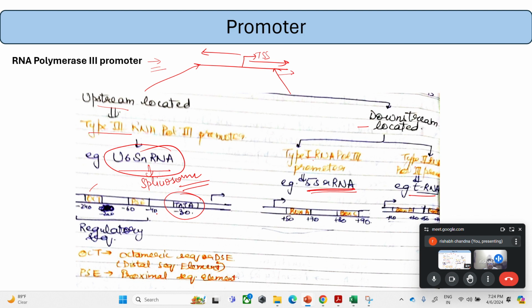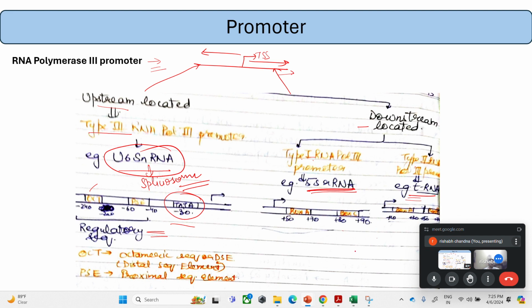These are upstream of the TATA box, and these are regulatory sequences, that is, binding sites for both activators and silencers. In type 1, we have box A and box C after the transcription start site, and we have box A and box B in the type 2 RNA polymerase 3 promoter. Both of these are downstream of the transcription start site.